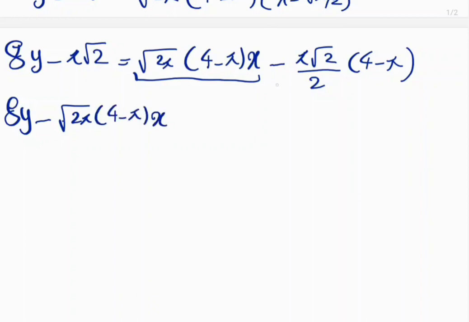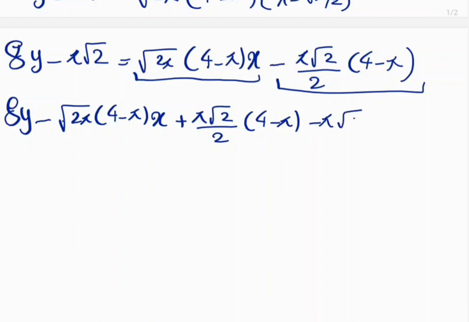And now let's add this value to both sides, so we will also have the c term on the other side as well. So we get plus pi root 2 over 2 times 4 minus pi root 2 is equal to 0.